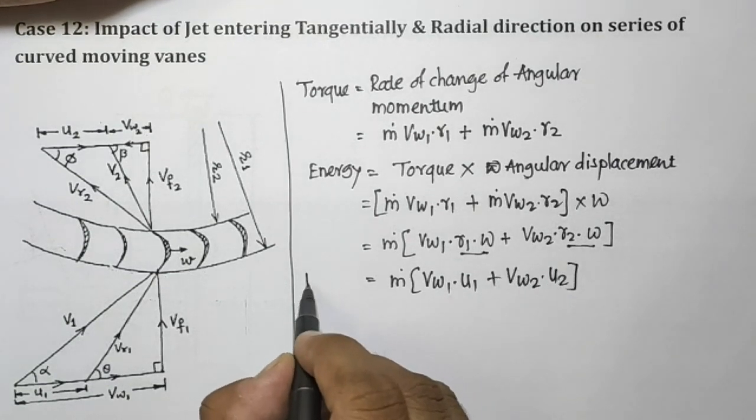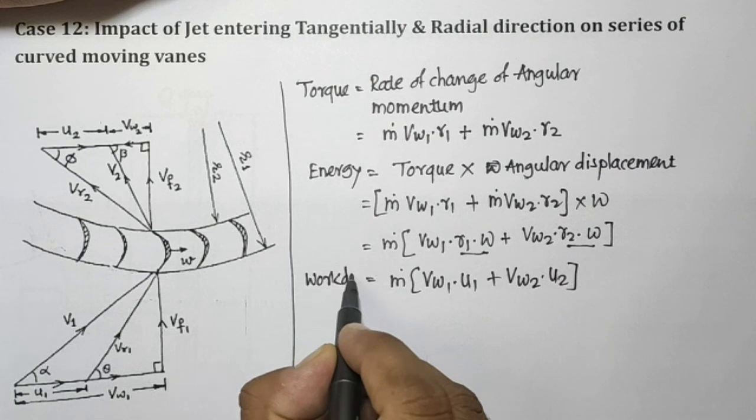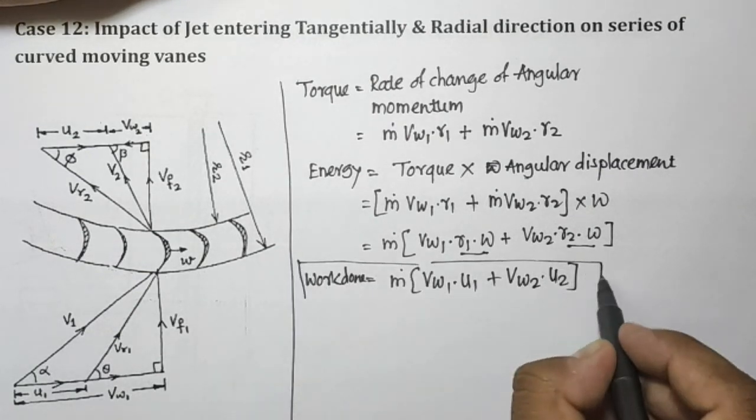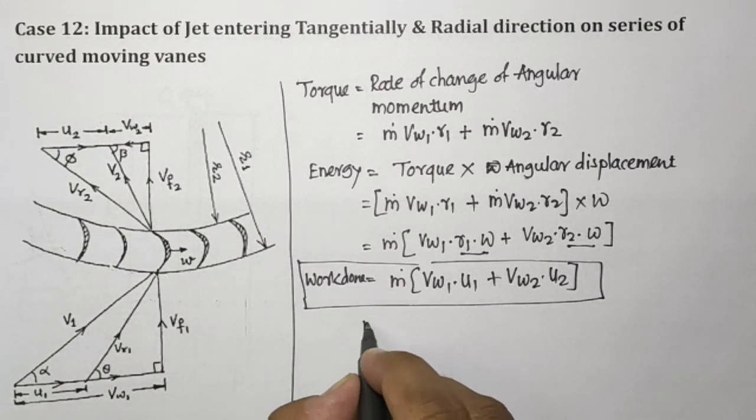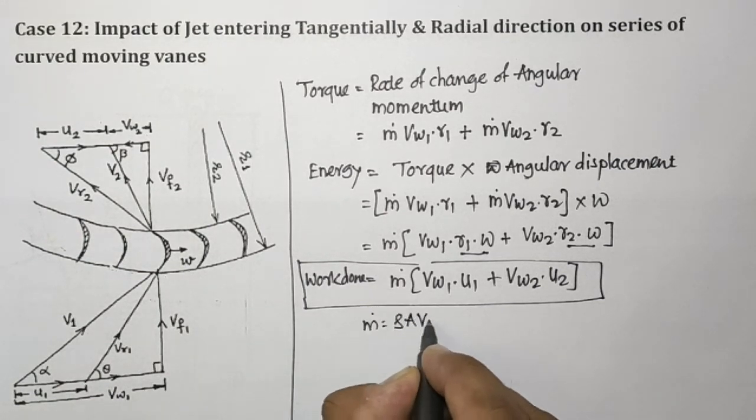This is what we call the work done energy. Its unit is also watt, where m dot is rho a v1.